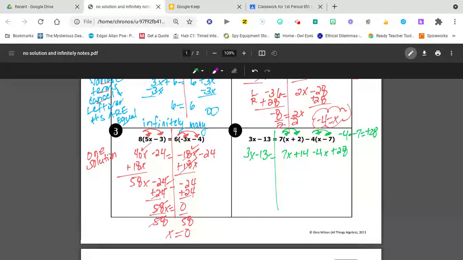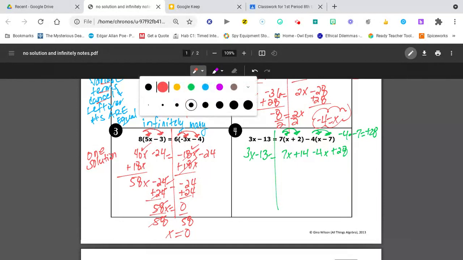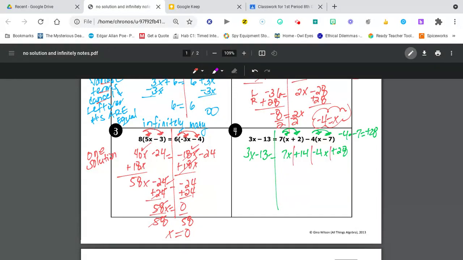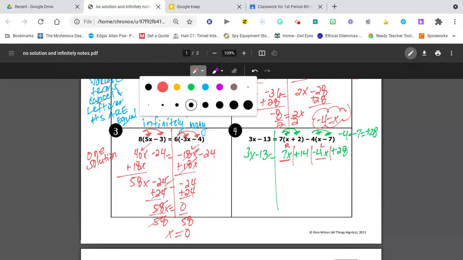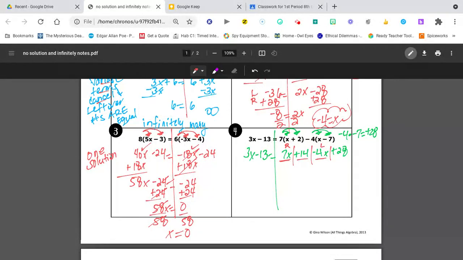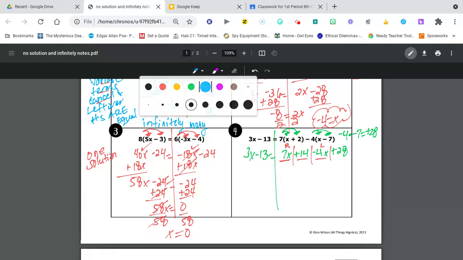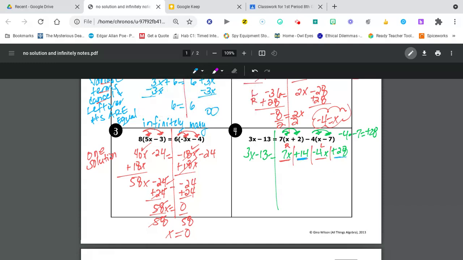And then I need to combine like terms, because I have some like terms over here. This goes right, and this goes left. And these are also like terms. We're going to take care of these. This goes right, and this goes right.